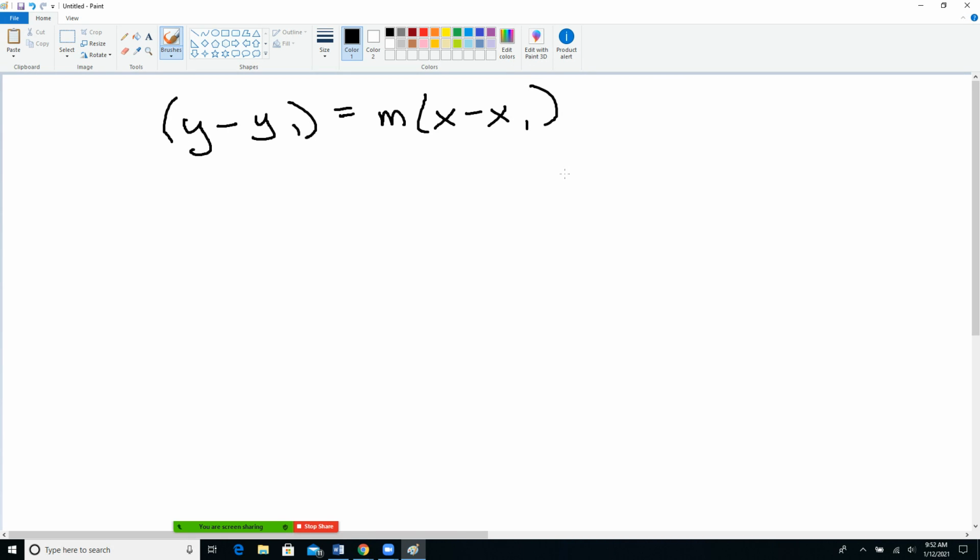This is point slope form. That's what this one is. The other one, I lied to you. The other one was point intercept form. This is point slope form. And the last one was point intercept form.